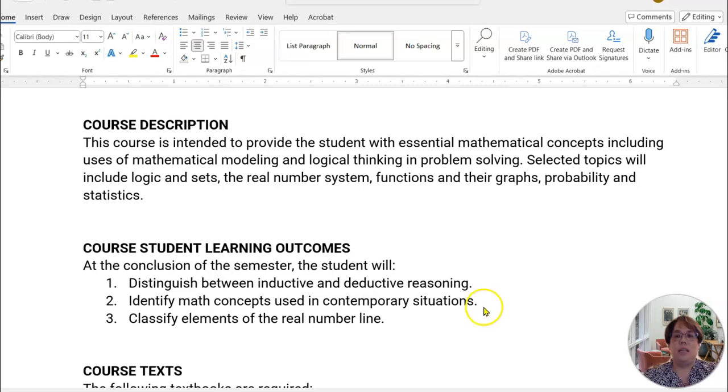And so being able to have reasoning skills and then using math concepts in contemporary situations basically is applying mathematical skills in real life. If we can get you some of those skills by the end of this course, then we have succeeded.